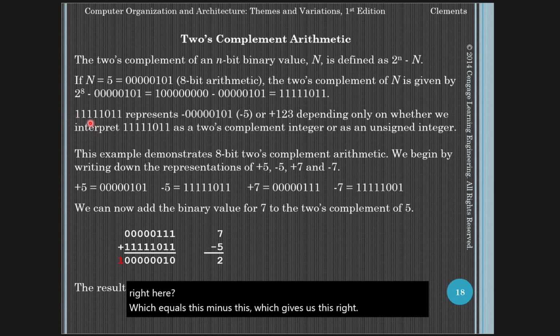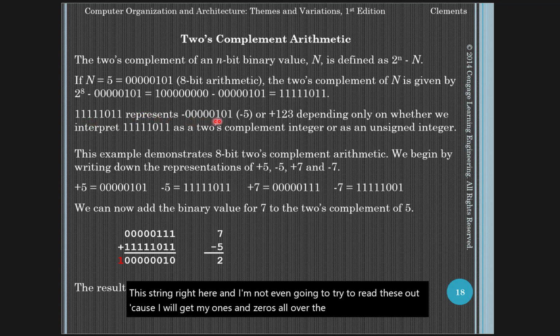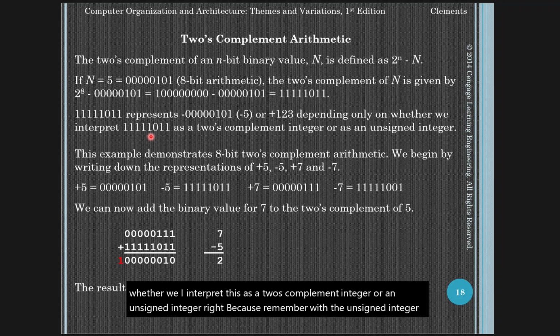This string right here, and I'm not even going to try to read these out because I will get my 1s and 0s all over the place, represents this negative value, right? Negative 5, or a positive 123, depending only on whether I interpret this as a 2's complement integer or an unsigned integer, right? Because remember, with the unsigned integer, we assume a positive value.